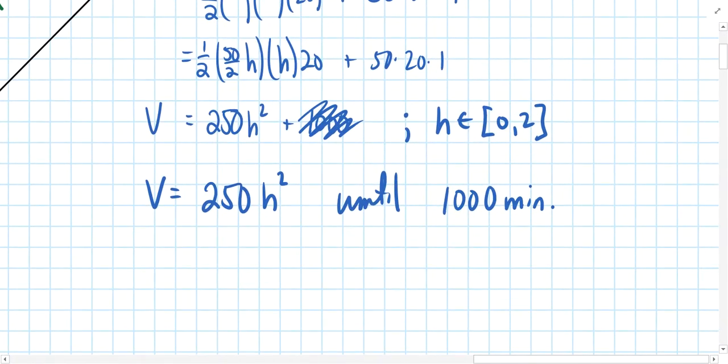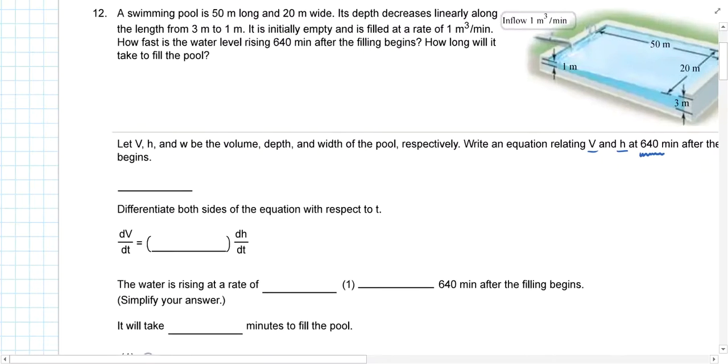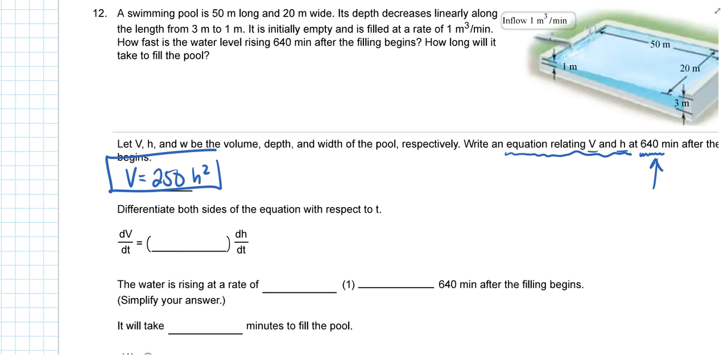And the only reason why I need to make this change here, it doesn't affect our calculus all that much, but for Math Excel, when they're asking for the formula or an equation relating V and H at precisely this moment, well, the volume formula is going to be equal to 250 times h squared at that moment. It's not until after the 1000th minute, which is way after the 640th, that we have to consider what's happening with the rectangular component above.